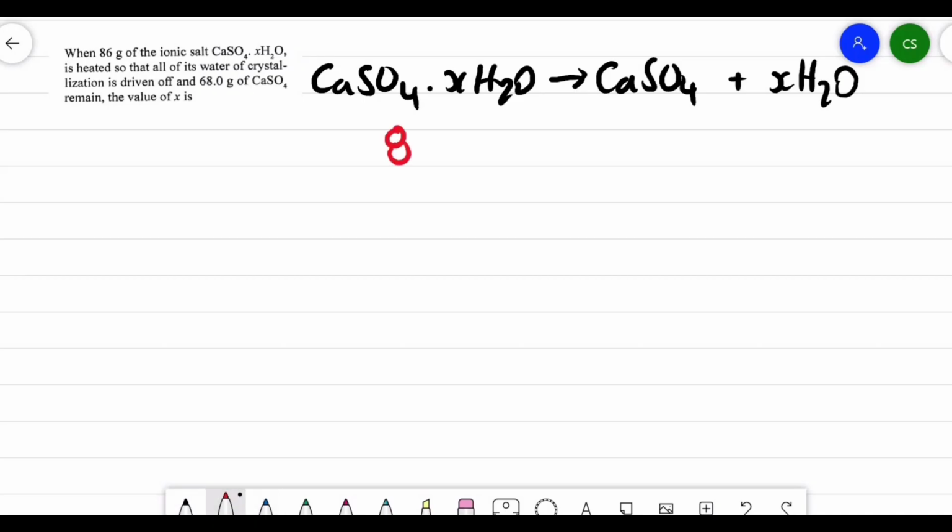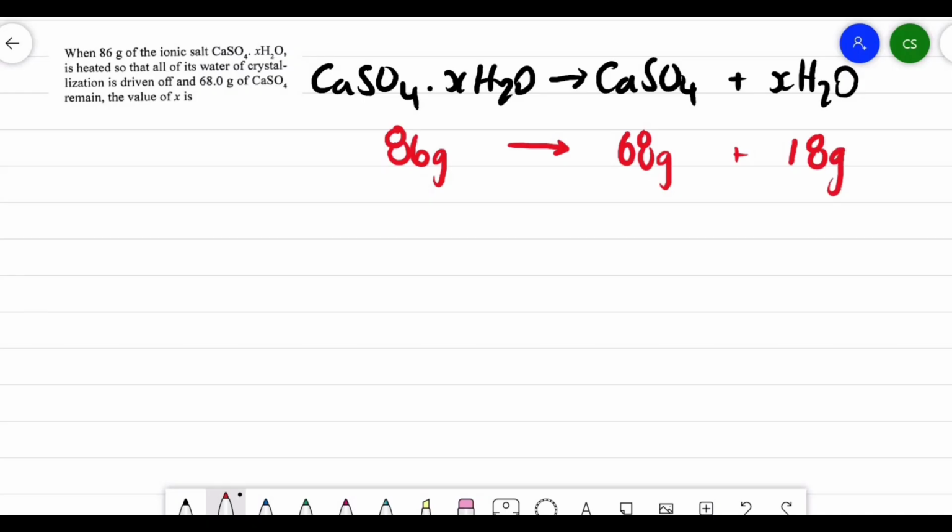We started out with 86 grams and were left with 68 grams, right? And we are not sure how much water, but based on the law of proportion, you have to have the same amount of reactants and products. So what you're going to do is subtract 68 from 86, and that would give you 18 grams.